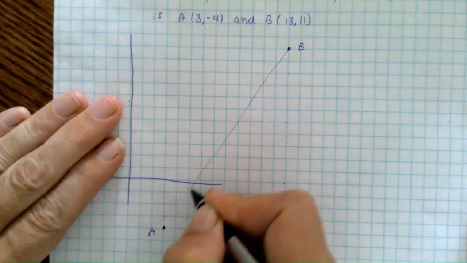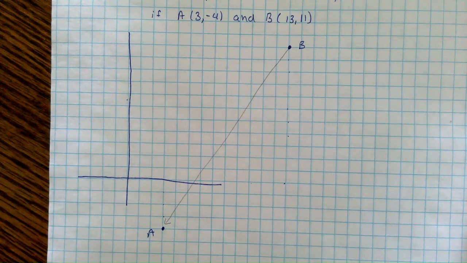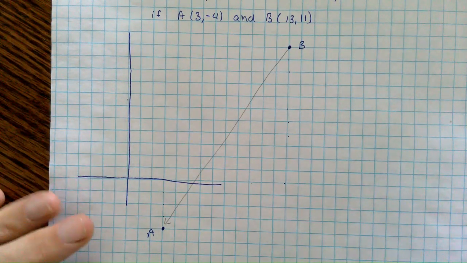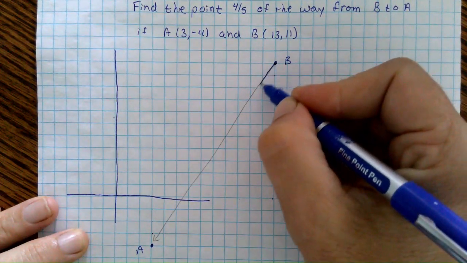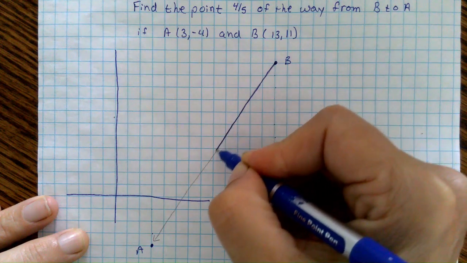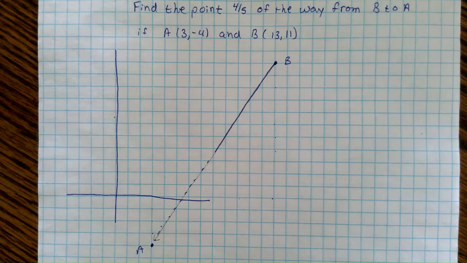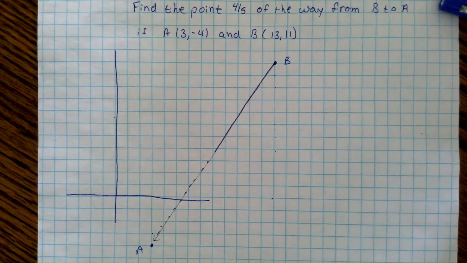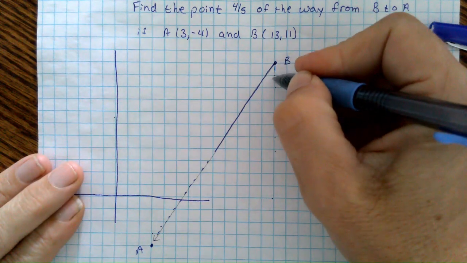And we want to be, I'm going to draw this lightly, from B to A. So that's the direction we're going. And we want to be 4/5 of the way. We don't want to be all the way. We want to be past halfway, but not all the way, right? So, again, this is one of those things that I'm going to go ahead and do a little bit of logic.